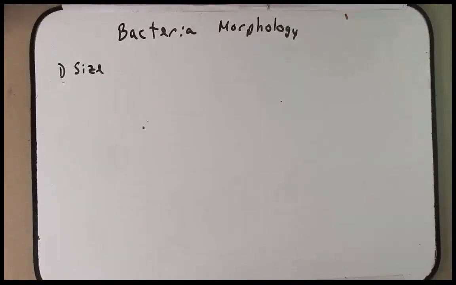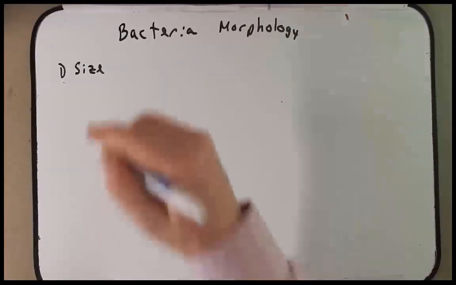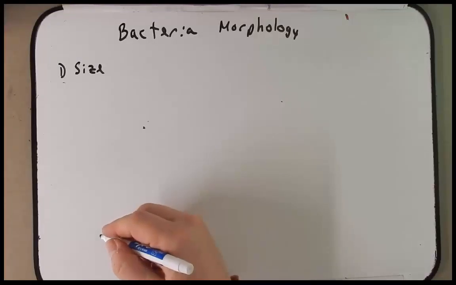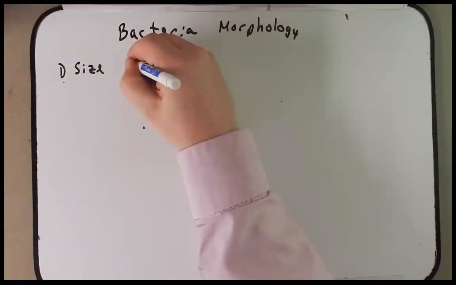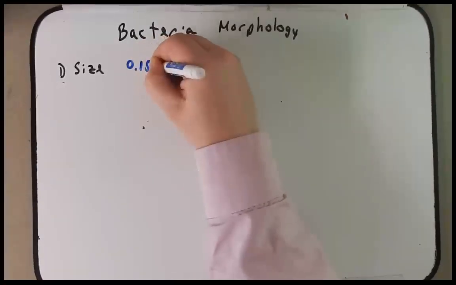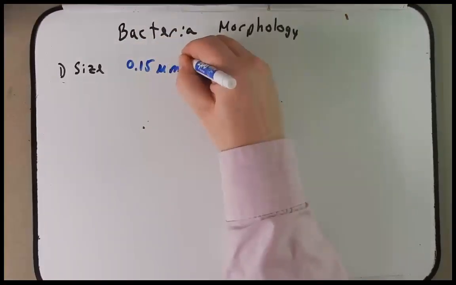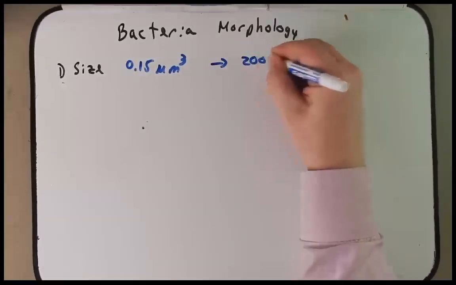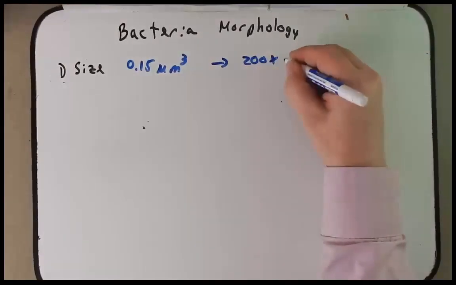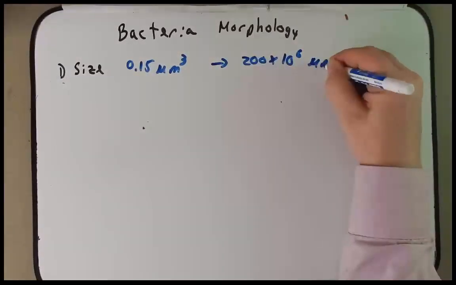I don't want to say a whole lot about size, but I do want you to know that the size of bacterium varies significantly. The smallest bacterium are about 0.15 cubic micrometers. And then the largest are about 200 times 10 to the 6th cubic micrometers.